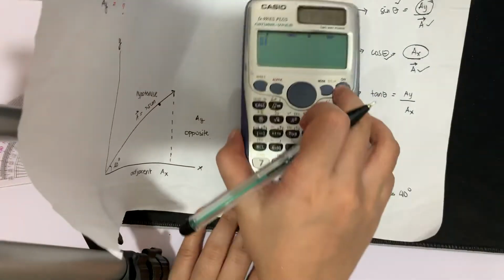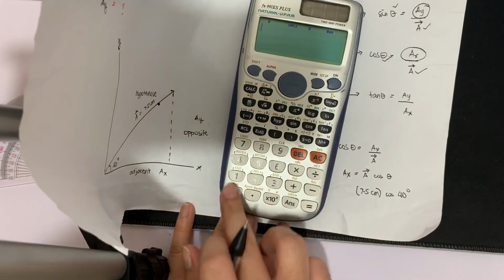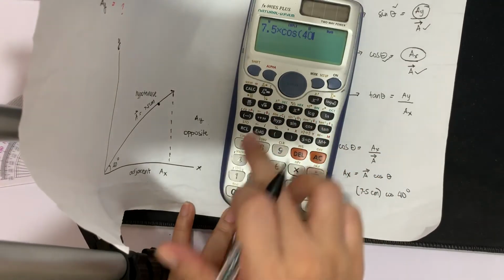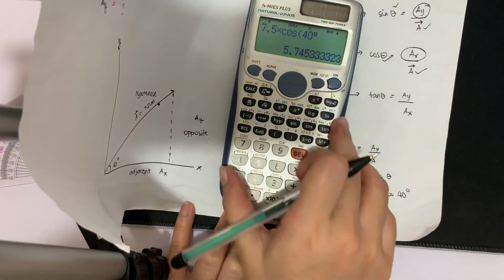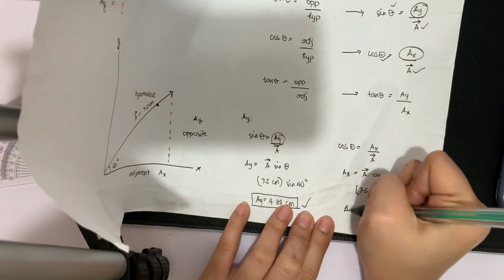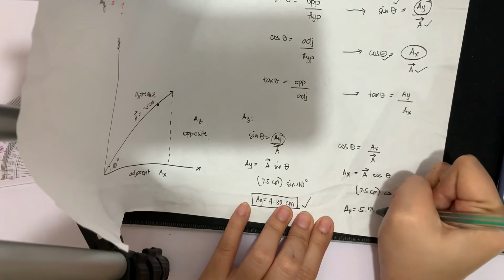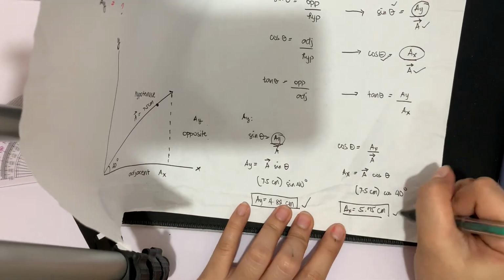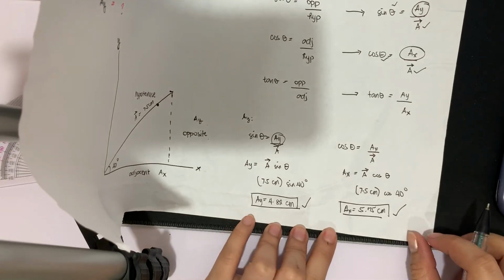Using our calculator, 7.5 times cosine 40 degrees, we have 5.75 cm. Our ax is 5.75 cm.